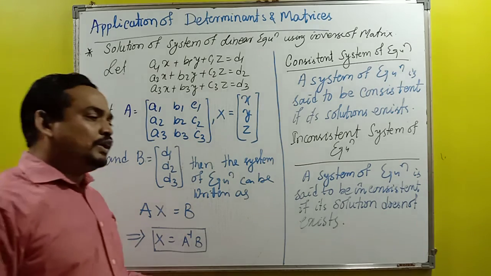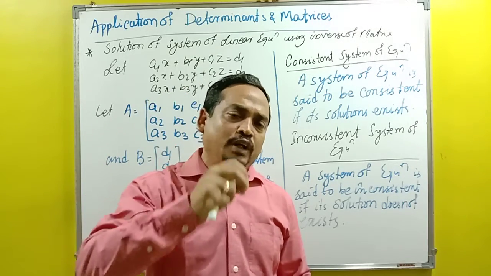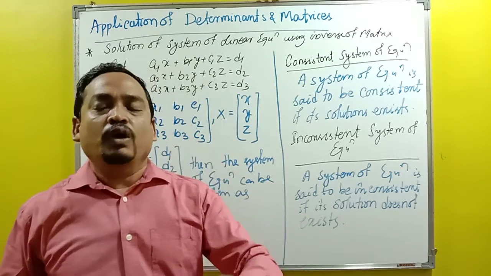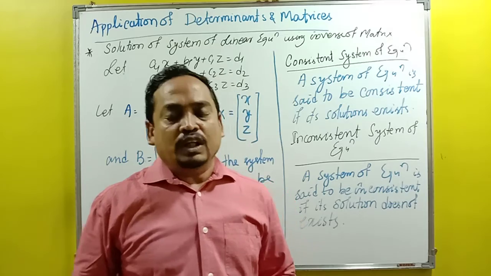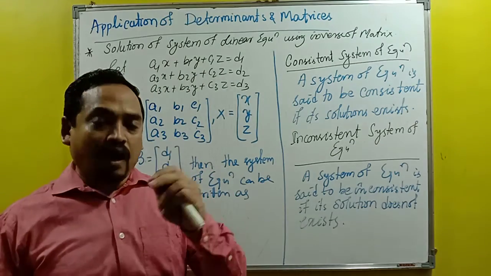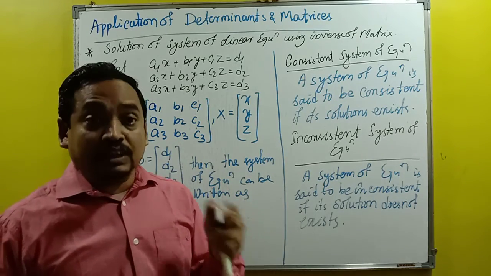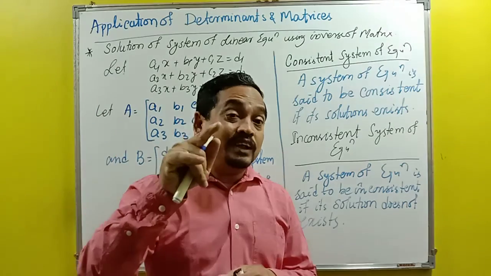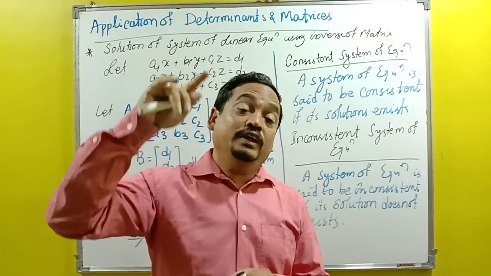Before that, let us recall that in class 10th, when you studied systems of linear equations, your teacher might have told you about consistent and inconsistent equations. Consistent means the system of linear equations has one or more solutions. And when the lines are parallel, as we have studied, they are inconsistent. When there is one solution or many solutions, they are consistent.